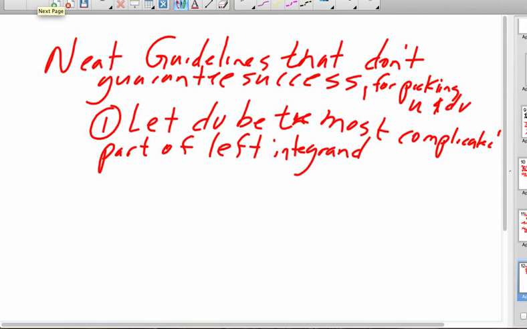So it's the most complicated part of the left integrand that fits a basic integration rule.